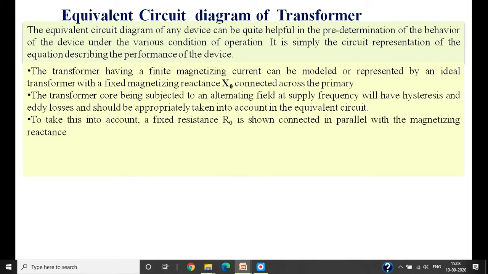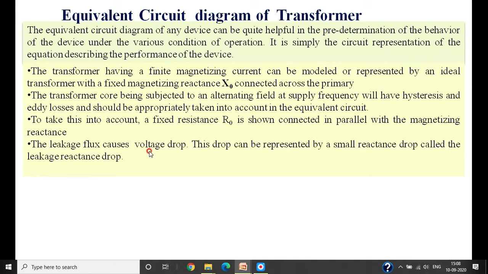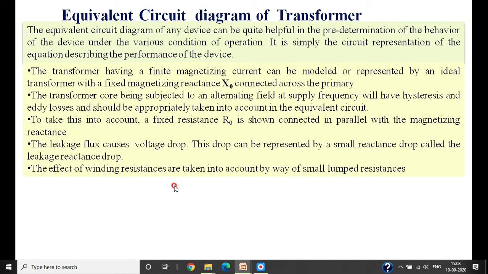To take this into account, a fixed resistance R0 is shown connected in parallel with the magnetizing reactance. Then the leakage flux voltage can be represented by a small leakage reactance. The effect of winding resistance is also taken into account by small lumped resistances.